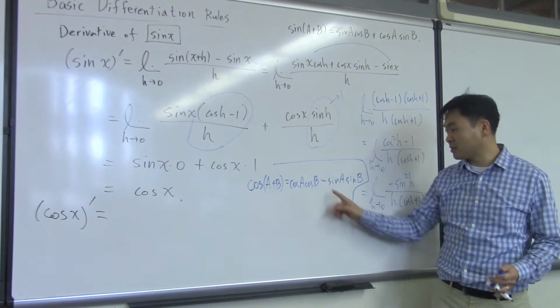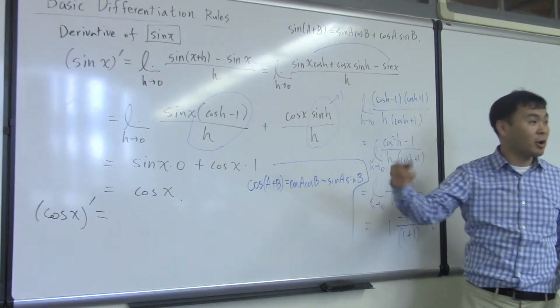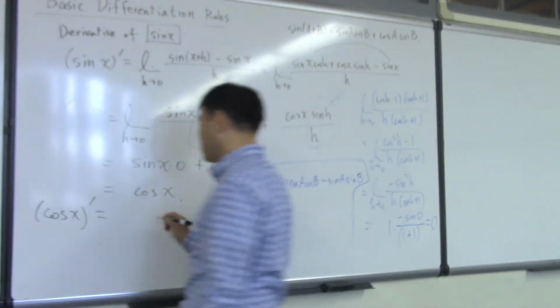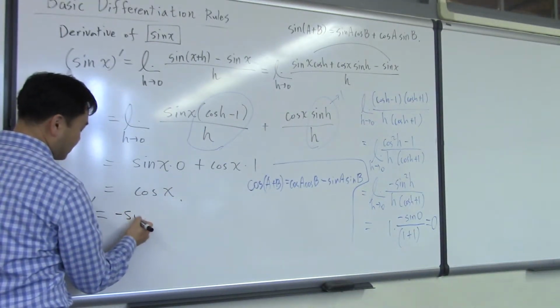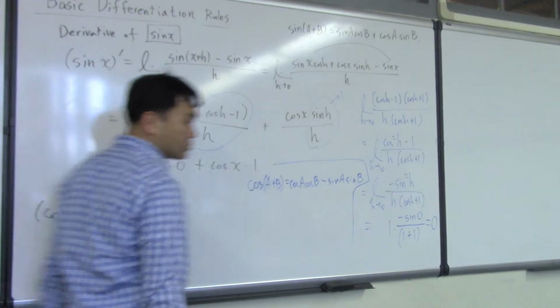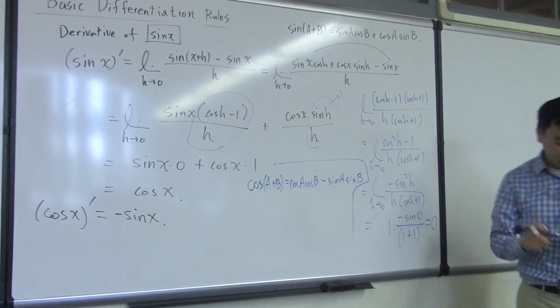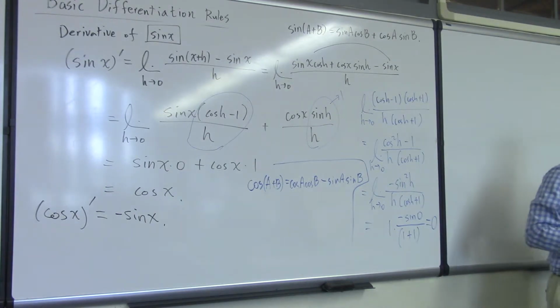I just want to say that this minus sign carries over to the end of the proof, and you end up with minus sine x. That's just a fact I'm throwing out there for you to memorize.